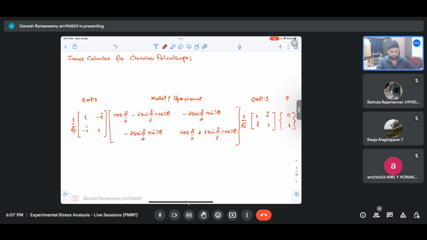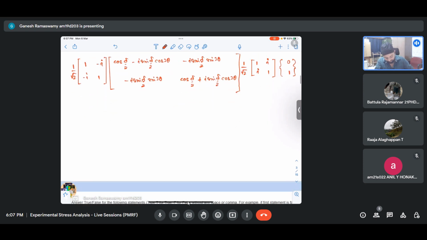Now we saw that conditions for light extinction basically depend on the output light vector.